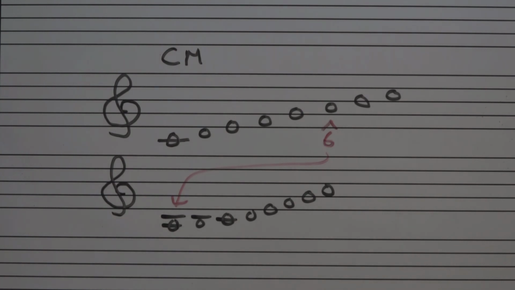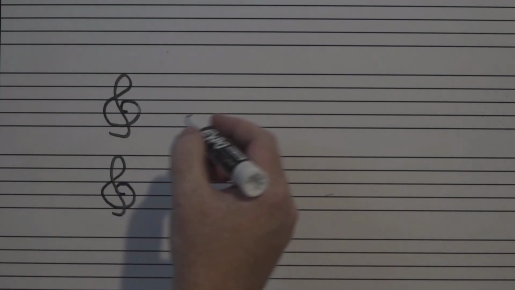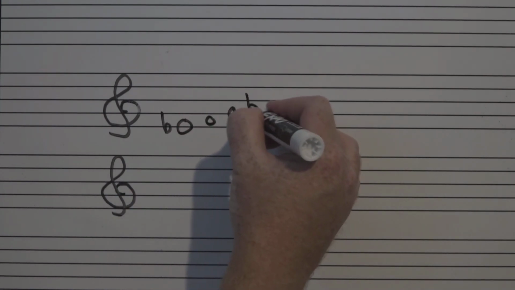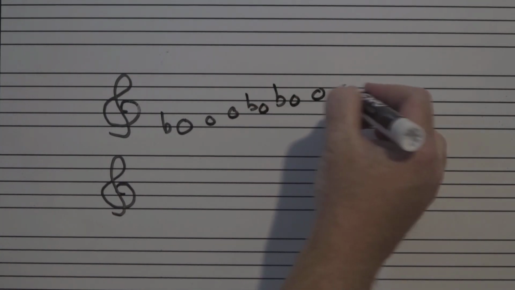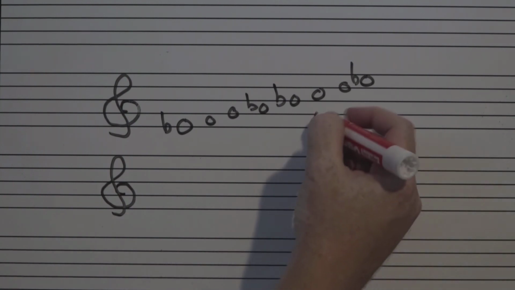Let's do it again on a different starting note so we are sure the pattern works. And let's do our E flat major scale. There's our E flat major scale. And to get to our relative minor, that means the same key signature but different starting note, is again go to scale degree 6.